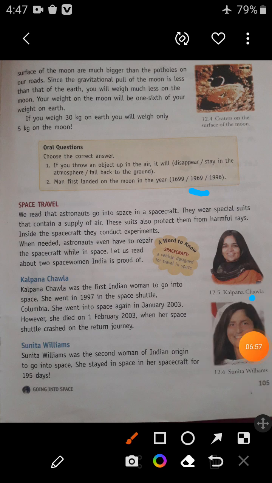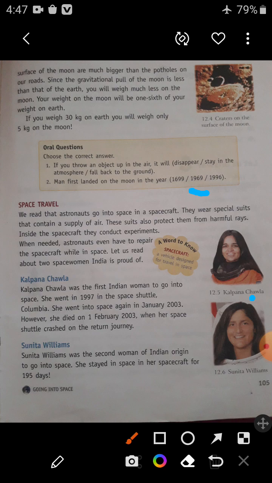Now students, let's come to the next topic, or last topic of this chapter, that is space travel. We read that astronauts go into space in a spacecraft. They wear special suits that contain a supply of air.